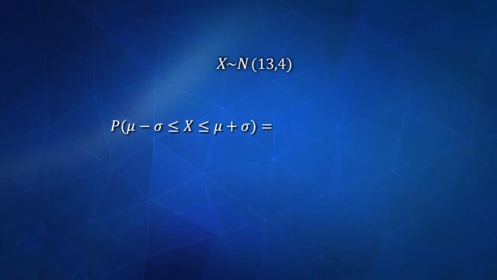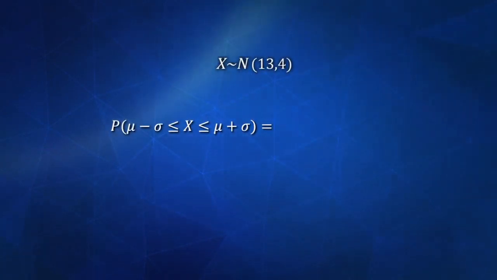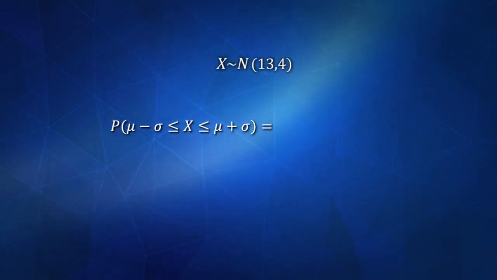Let's suppose X is normal with a mean of 13 and a standard deviation of 4. I want to know what's the probability that X falls within 1 standard deviation of its mean. So here, what are we looking at? Well, we want the probability that X is within 1 standard deviation of its mean.